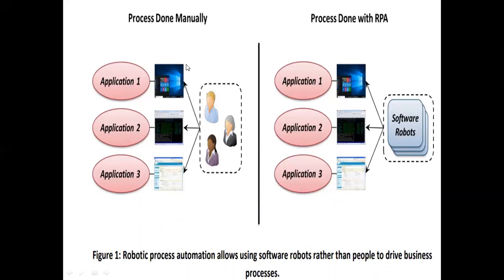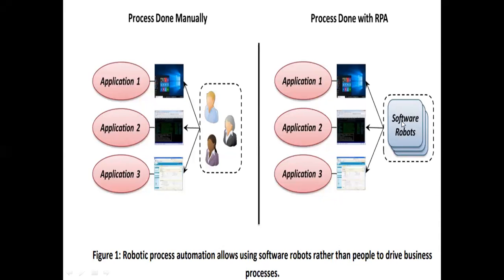The same work I would like to complete by using process done with RPA, robotic processing automation. If we look here, the same Windows application, mainframe application or web application, I am going to interact with all three through software robots.